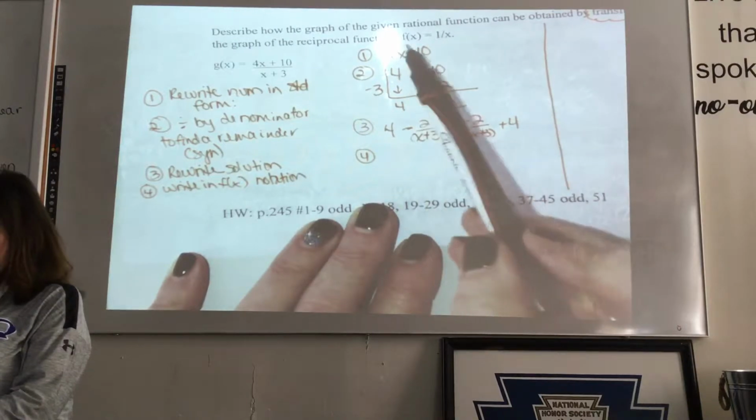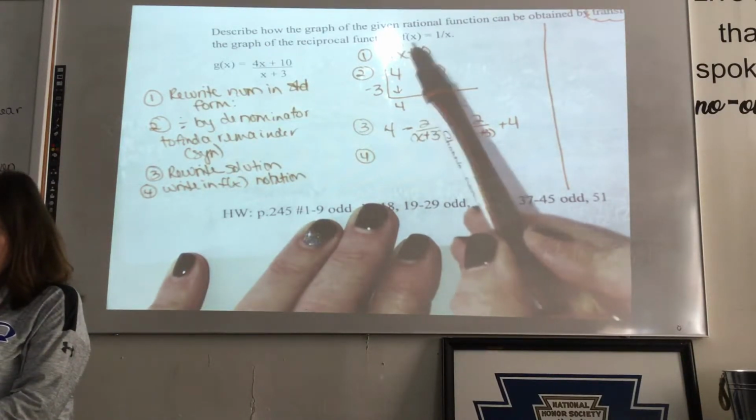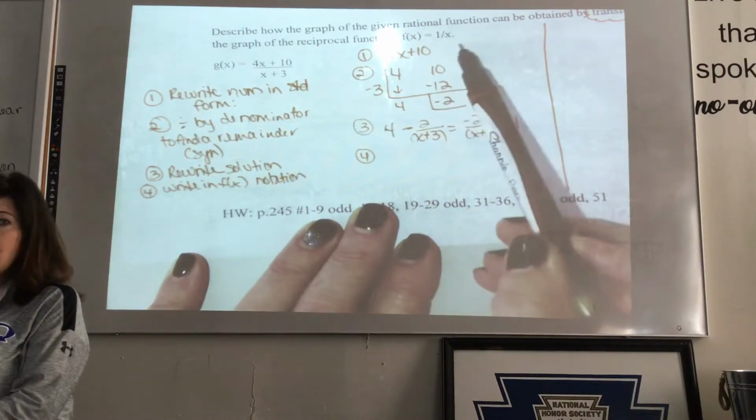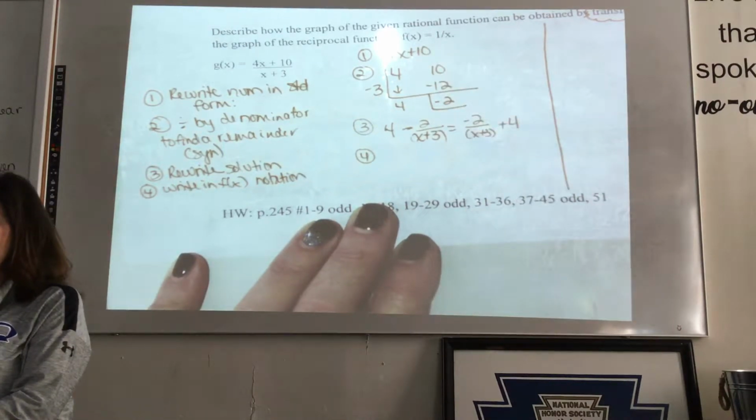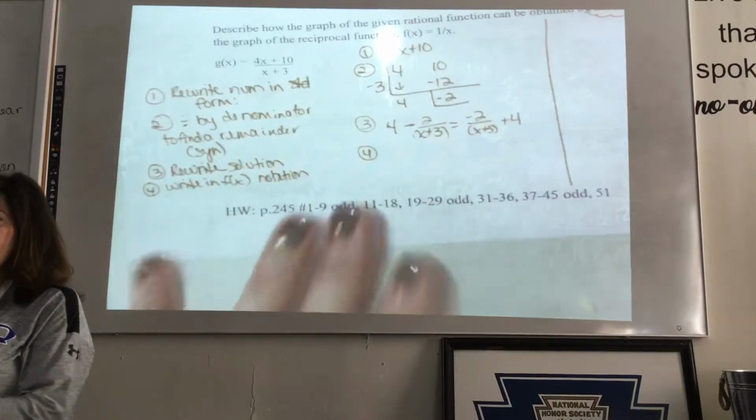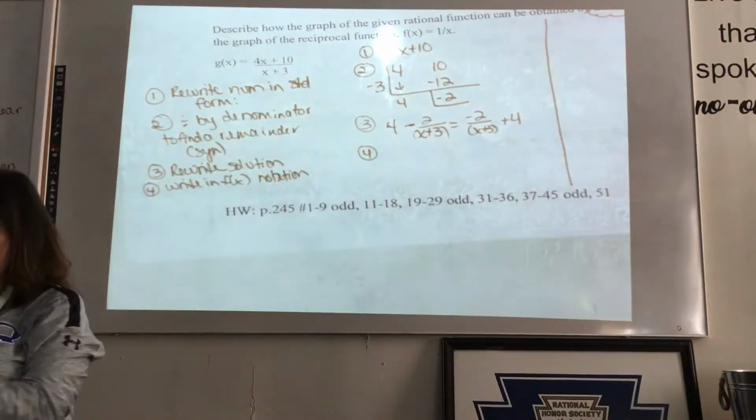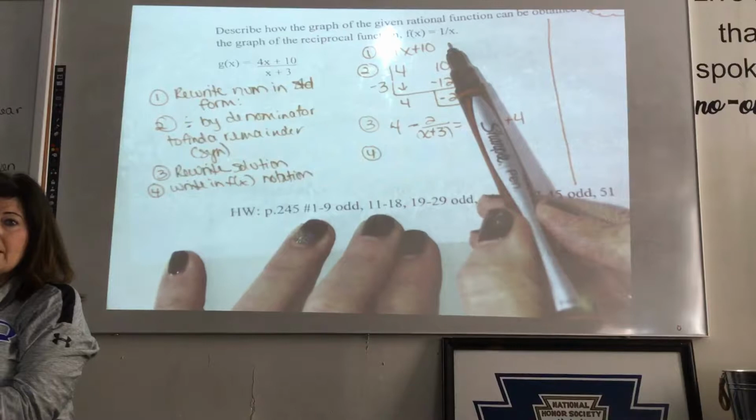The reciprocal function is written in function notation, f of x equals 1 over x. Okay, 1 over x is the reciprocal function. Kind of get that function in your head of what that looks like. So that's 1 over x.